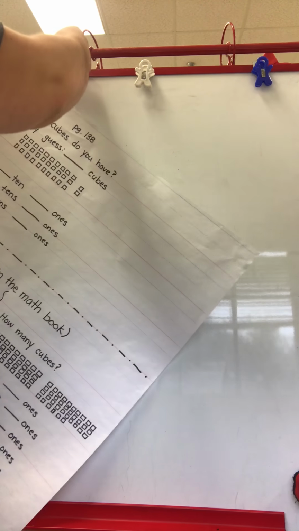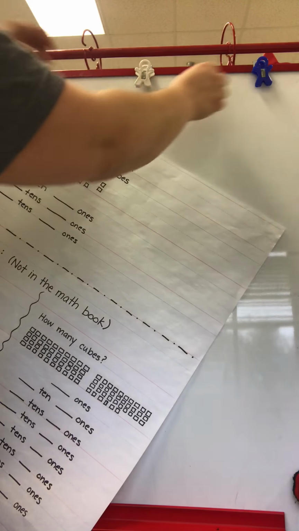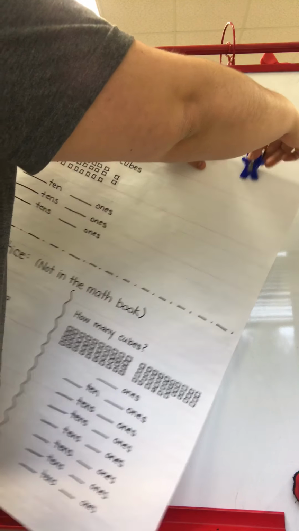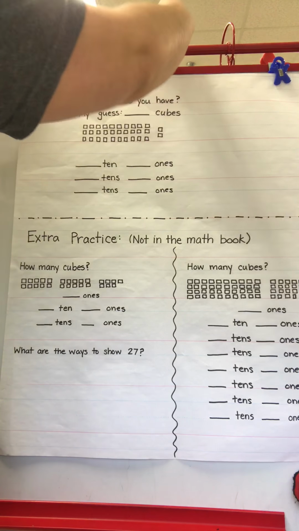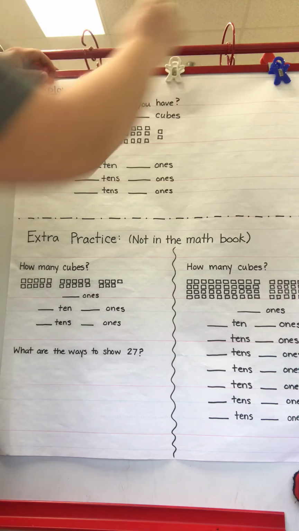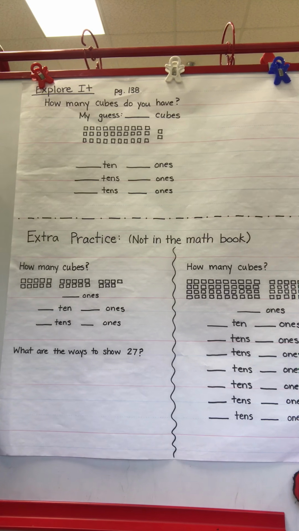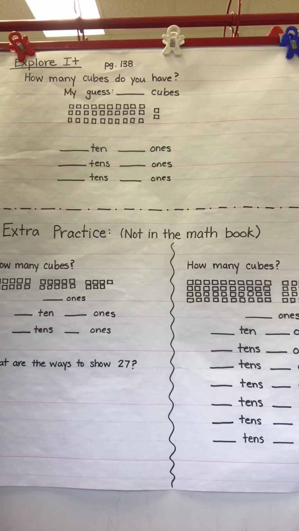So I'm going to have you guys go back and visit page 138 in your math book. I know some of you were confused because you didn't have a number there. I'm going to give you a number there. Okay?